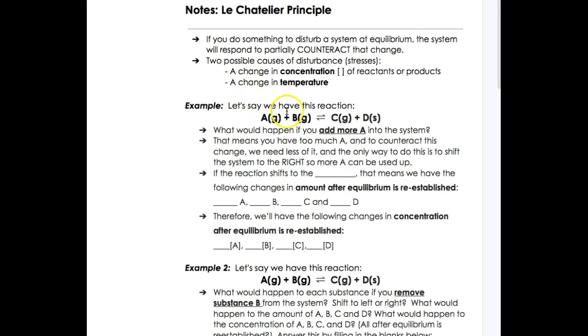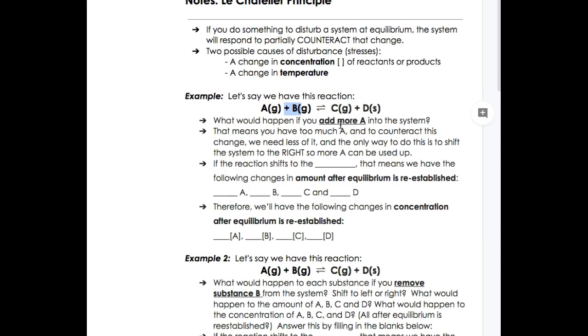and that is what would happen if we have an equilibrium reaction and we end up disturbing it. We end up adding A or removing B, or we change the temperature, we change the pressure. What is going to happen to the amounts and the concentrations of each chemical?